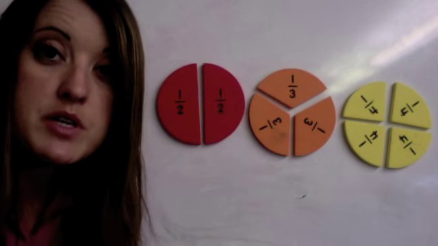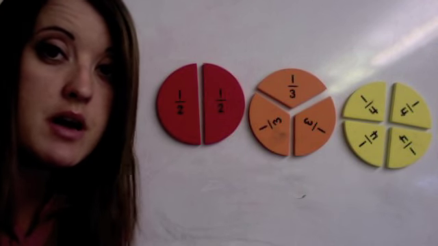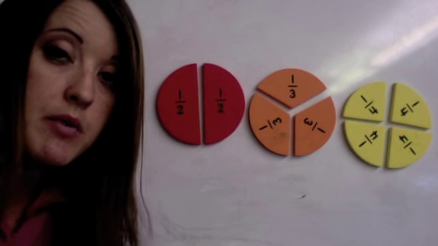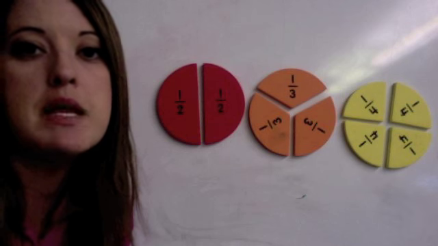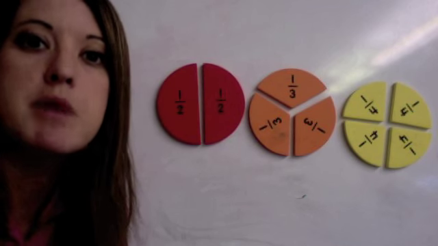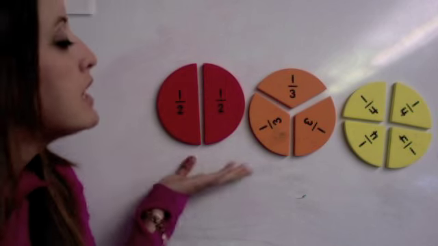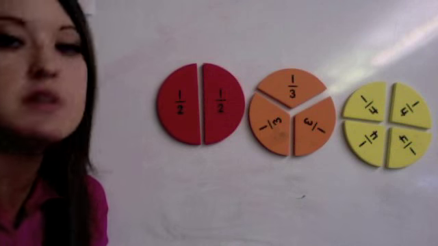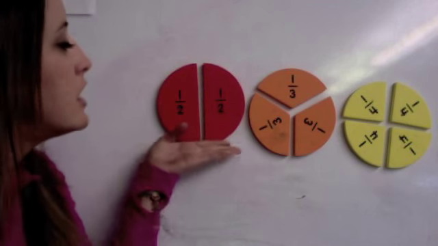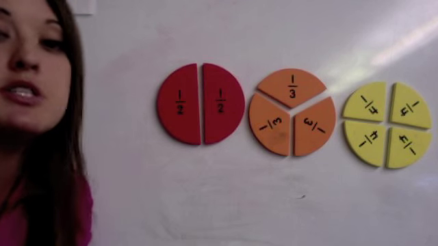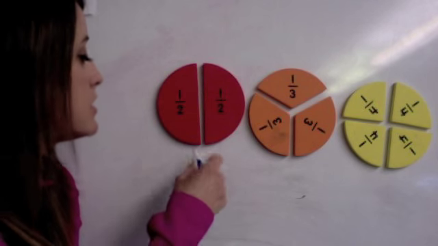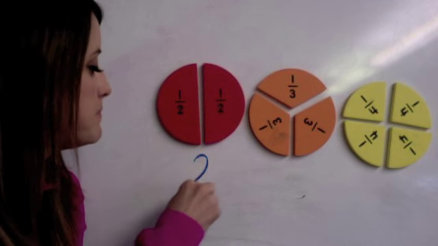Okay, so now that we've worked with learning how to complete our wholes, right now we're going to look at how to compare them and decide how many pieces are in each whole and comparing the sizes of those pieces. So I have our 3 different circles up here that we looked at earlier. Our first one is our halves, and this circle is partitioned into halves, which means there are 1, 2 pieces.